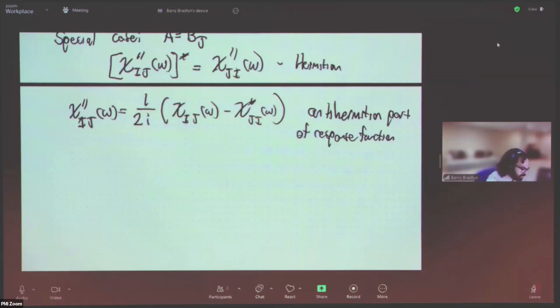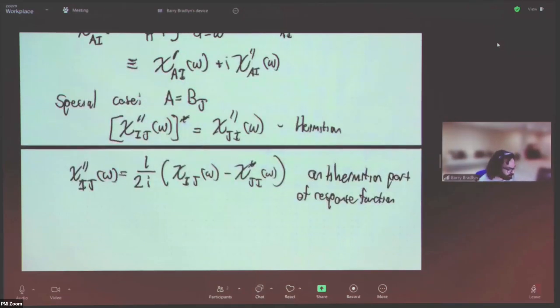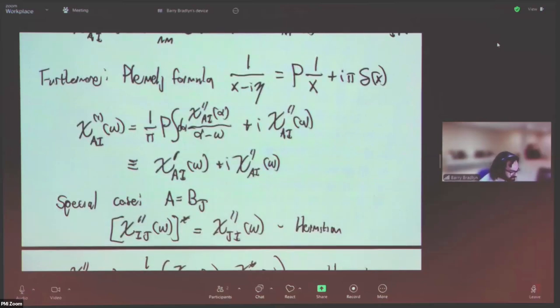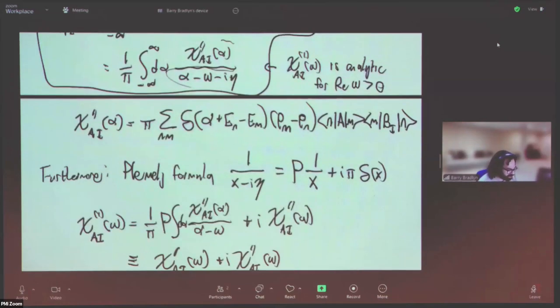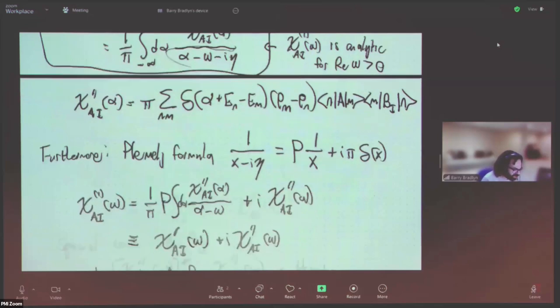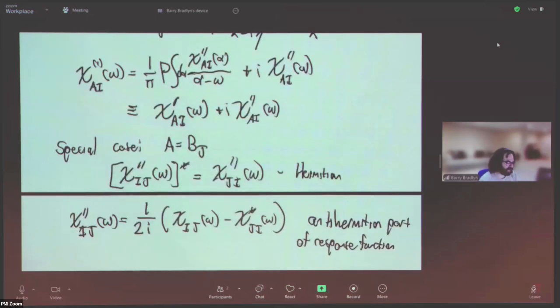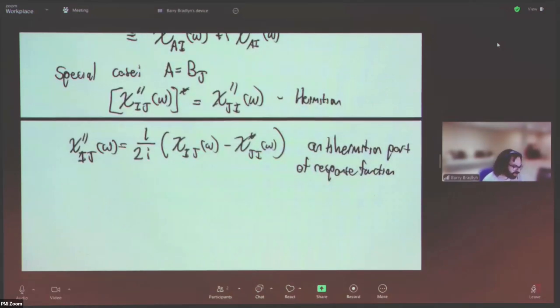And in the interest of time, we'll just say one other general thing about this. So chi double prime we've seen so far is pretty fundamental. It tells us about the density of energy levels at frequency, or density of transitions at frequency alpha. We can write the entire response function in terms of it, and it's also the anti-Hermitian part of the response function. It also tells us something very physical.